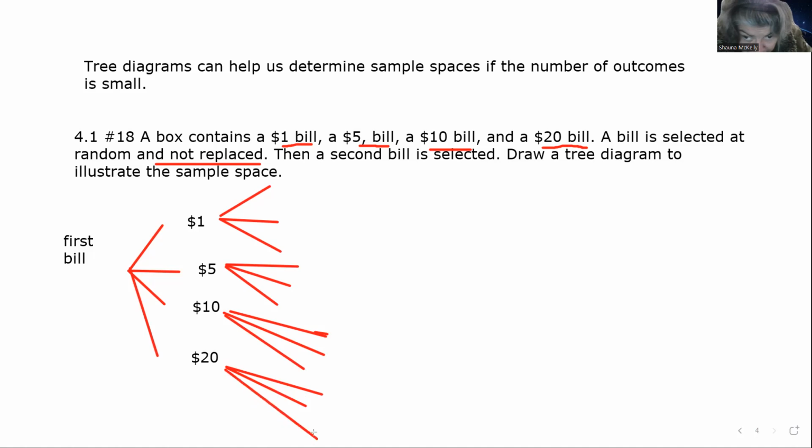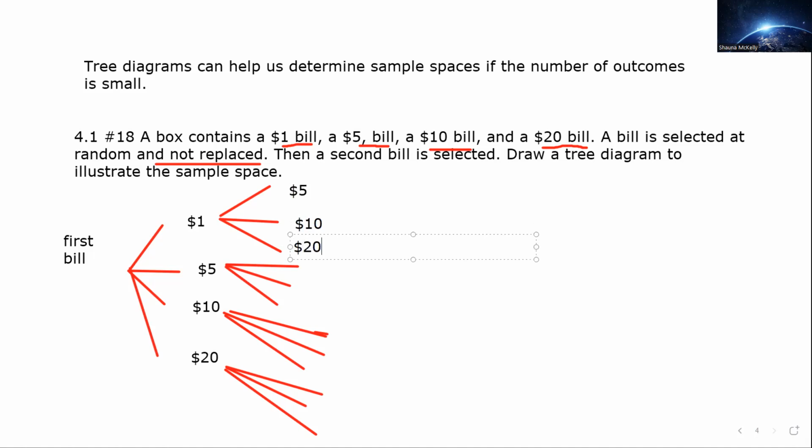So this is going to be my tree. Now, if I drew a 1 the first time, I don't have the dollar bill in there anymore. Now I have the $5 bill, the $10 bill, and the 20.